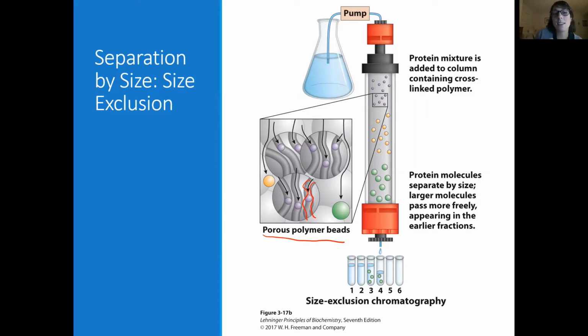So for a size exclusion chromatography system, very large proteins, proteins with a large molecular weight, will move very fast. They don't get stuck in the polymer. And very small proteins do get stuck, and so they move much slower through the column.